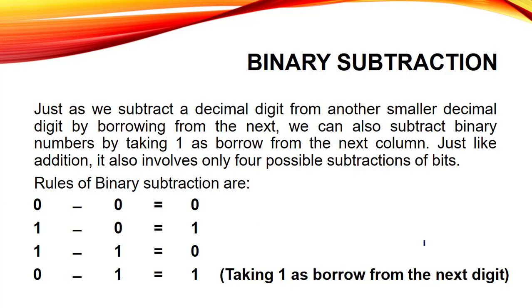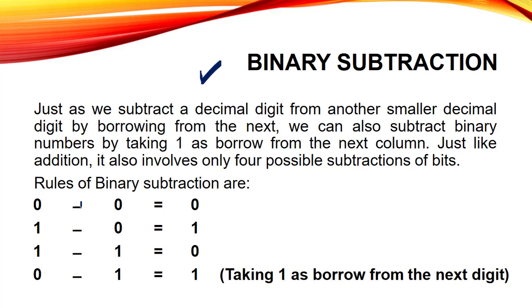Well, before starting the binary multiplication, we have to revise the concept of binary subtraction. We have to discuss all the questions, and then we will move to the binary multiplication. So, as I have told you earlier, like we subtract numbers in decimal form, similarly we can subtract our numbers in the binary number system also.